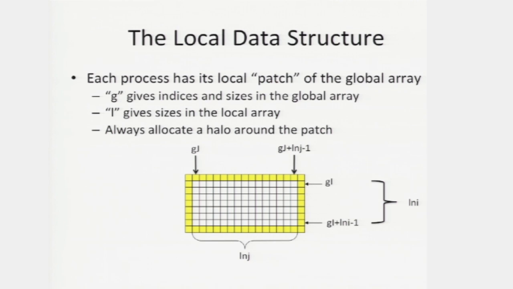You start in the upper left corner, I goes down, J goes across. If I have a patch, my J is the first of the J index in the global mesh, and L in J is the local number in the J. So this would be global J plus that number minus 1.